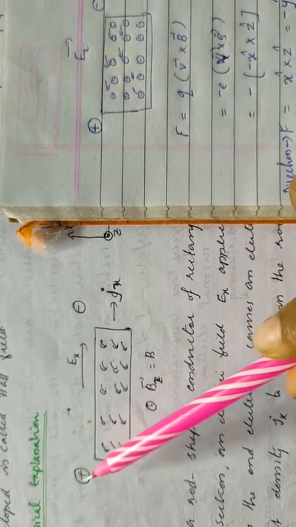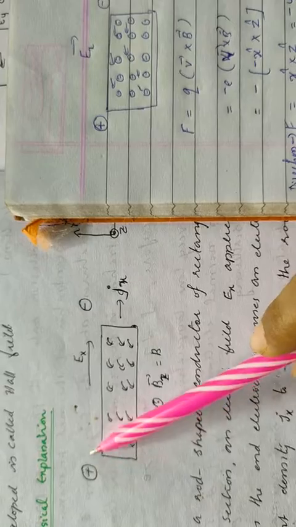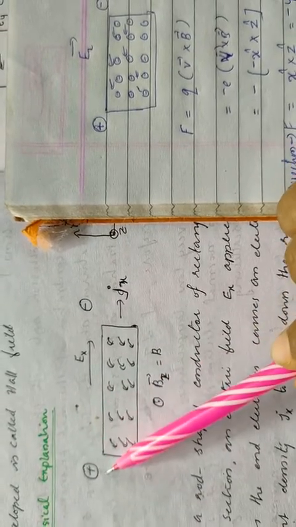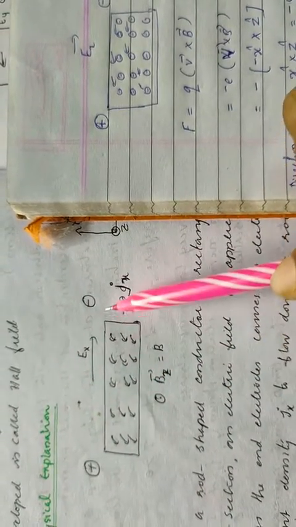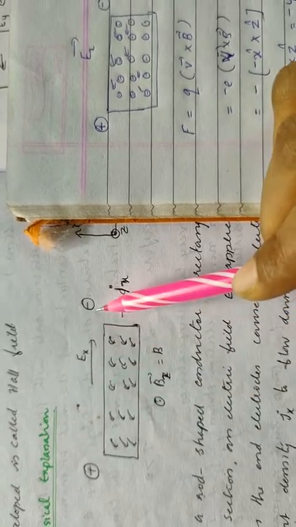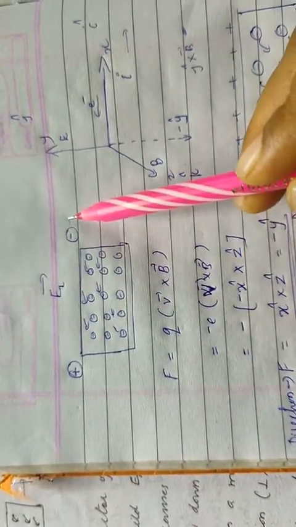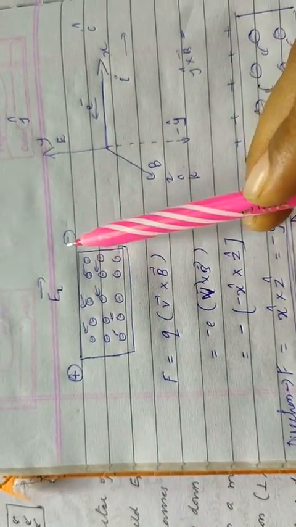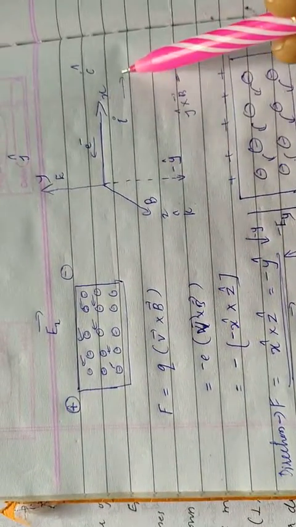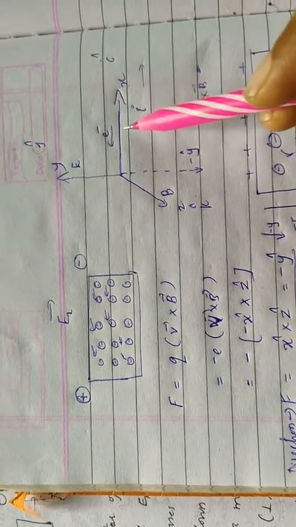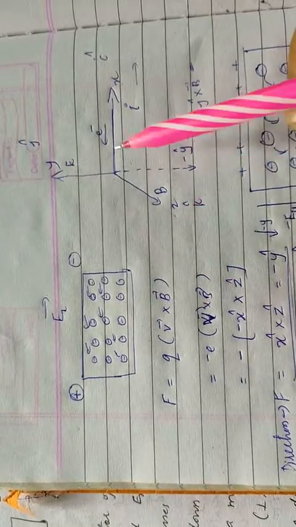So the current will flow from this end to this end. The applied electric field will be along the x direction, and the current density is along this direction. This is the direction of the magnetic field.